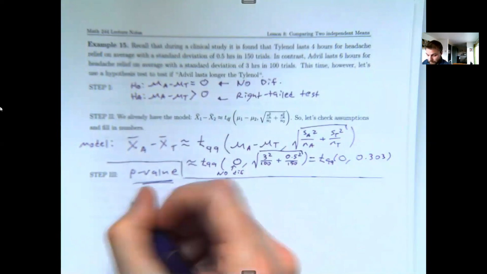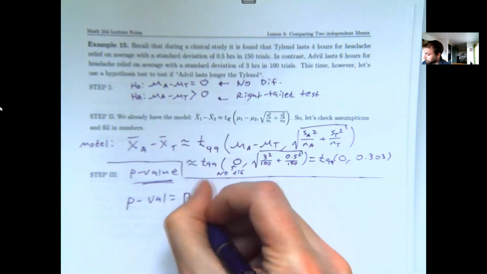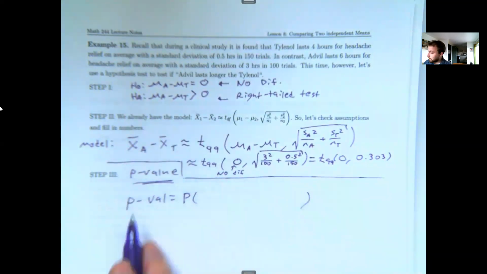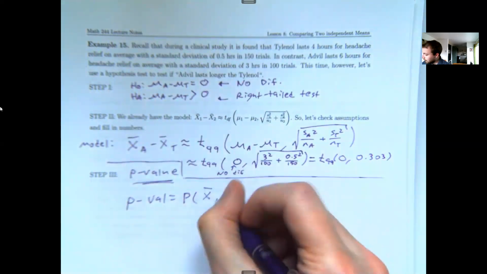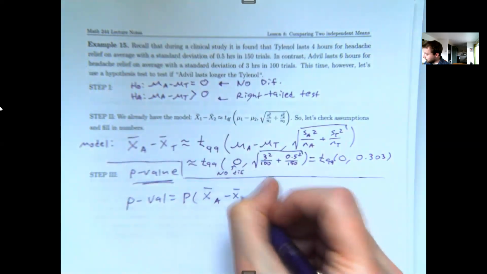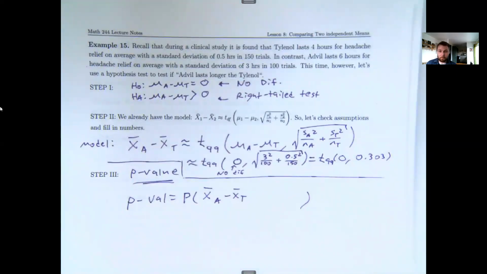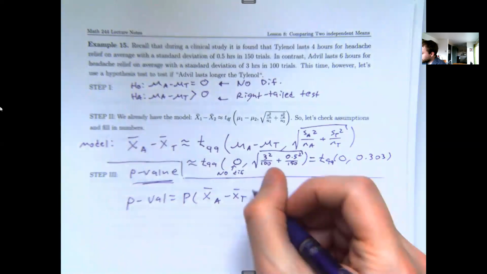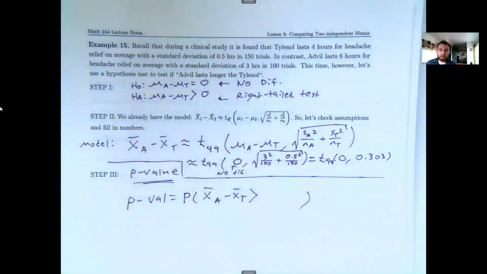Third step is p-value. I'm going to go through the definition of the p-value, and it's going to tell me how to set up the problem. The p-value is the likelihood. I'm going to be looking at the probability of something here, of my sample data. So I'm going to be subtracting the average for Advil minus the average for Tylenol, or more extreme. Or more extreme from the alternative hypothesis is telling me I'm going to be looking for more.